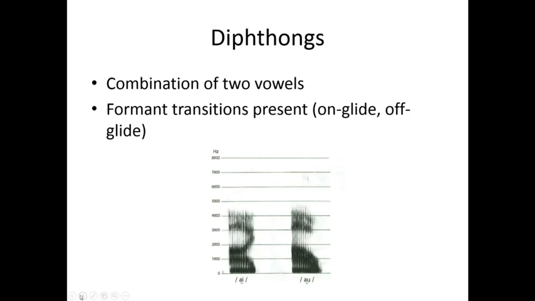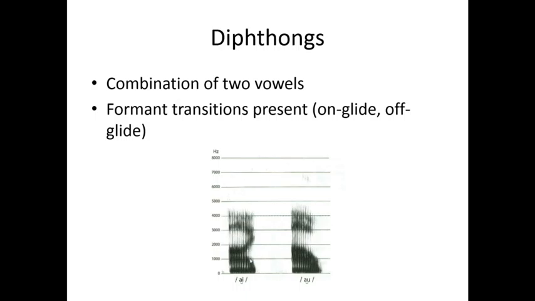So what we look for in a diphthong is basically two vowels squished together on the spectrogram. So we have the on glide. Here's the terminology you want to make sure you understand. On glide right here, first vowel associated with the ah. Here is the off glide, the formants associated with the second vowel, the e. So when we put them together, what's happening in your mouth?